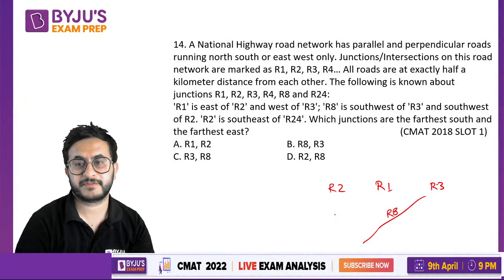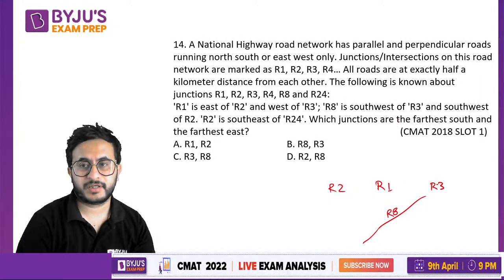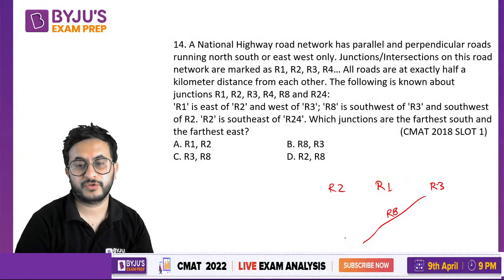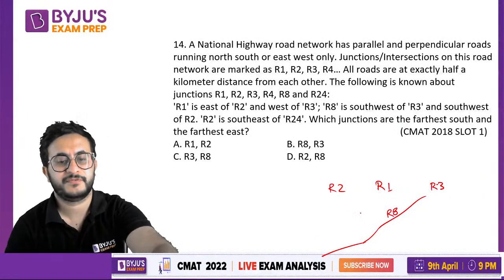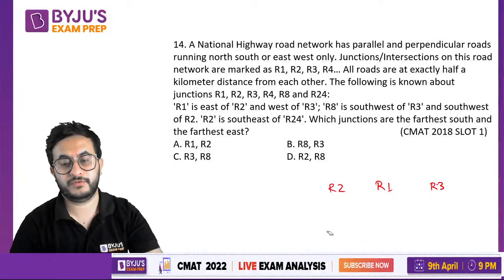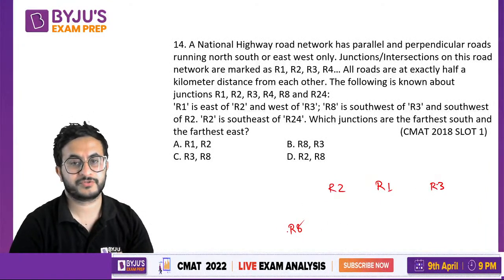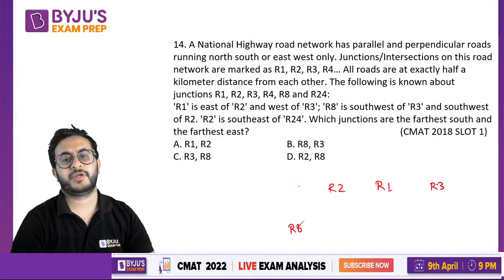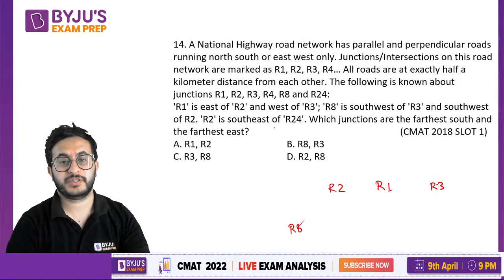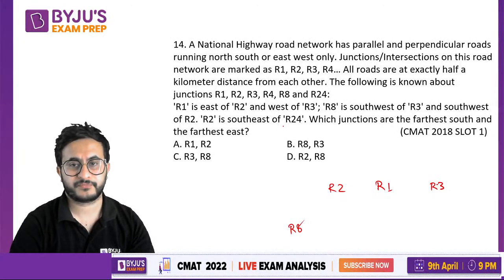Okay, so we will see if something more is given. And southwest of R2. So it is southwest of R2 also. So that means it is towards south and west of R2. So it will be somewhere here. So it is southwest of this and southwest of this also. So this is R8.